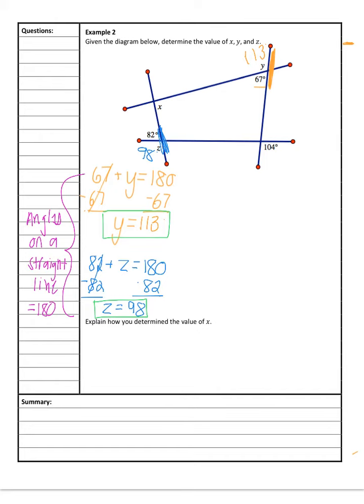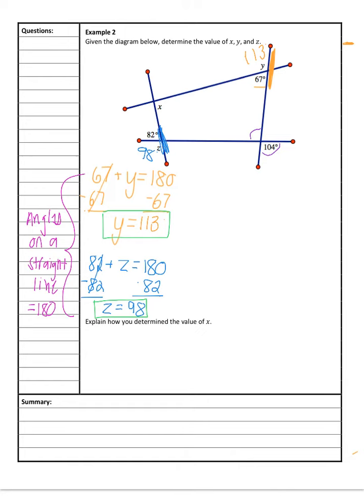So we have two of the letters figured out, but we still have to figure out what x is. So if you look at 104 over there to the right, we haven't really used that angle too much yet in this problem at all, but there's something that you're going to use the rest of the year here in geometry, and it's what's known as vertical angles. Vertical angles are angles that are opposites of each other, so notice these are not adjacent, and they occur when two straight lines intersect.